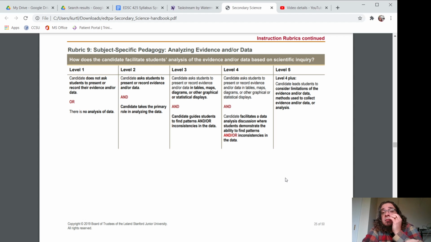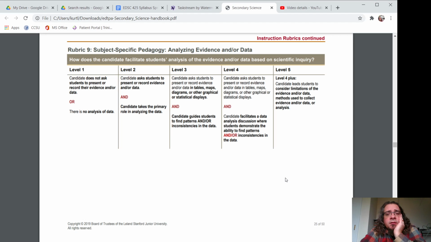Right. So there's a lot of teacher-oriented work going on here. Right. Level 4. What's the difference? I'll go down to the second one. Candidate facilitates a data analysis discussion where students demonstrate the ability to find the patterns and or inconsistencies in the data. So obviously more student directed than level 3.